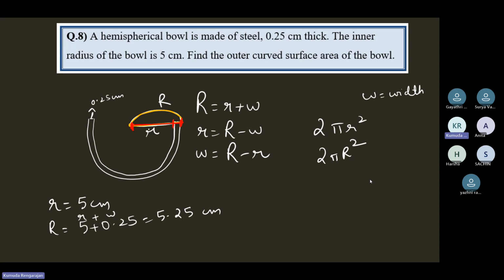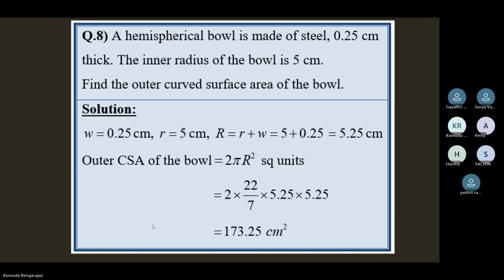Inner CSA uses the inner radius, outer CSA uses the outer radius. Outer means capital R, inner is small r.